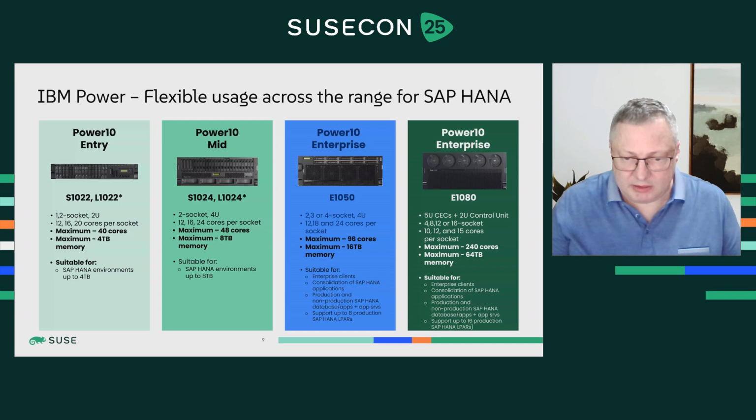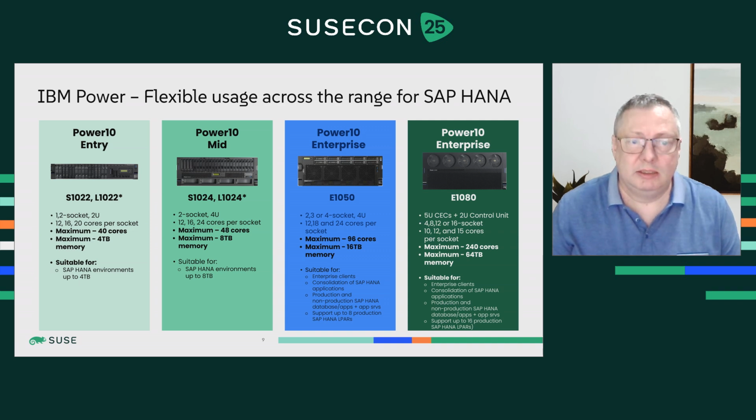So this is what I call the family picture. It's the current lineup for Power 10. And I want to point out that SUSE Linux is supported on all of the servers. On the left-hand side, you have our 2-socket servers.